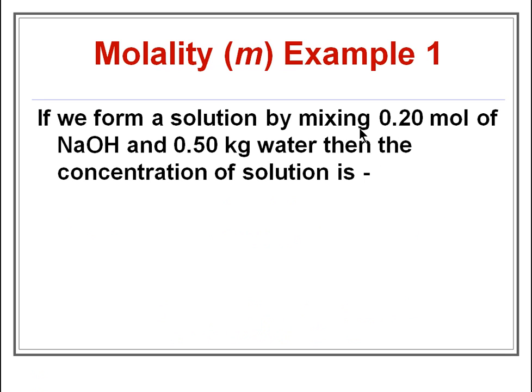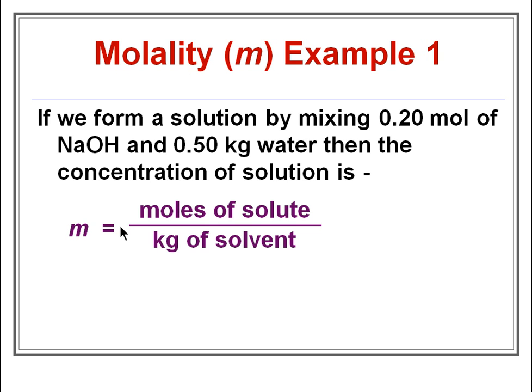You can see they gave the number of moles of solute and the mass of water in kilograms, so we have to use these two values to find the concentration. For that we have to use this formula, moles of solute divided by kilograms of solvent, and the unit will be moles per kilogram for molality.